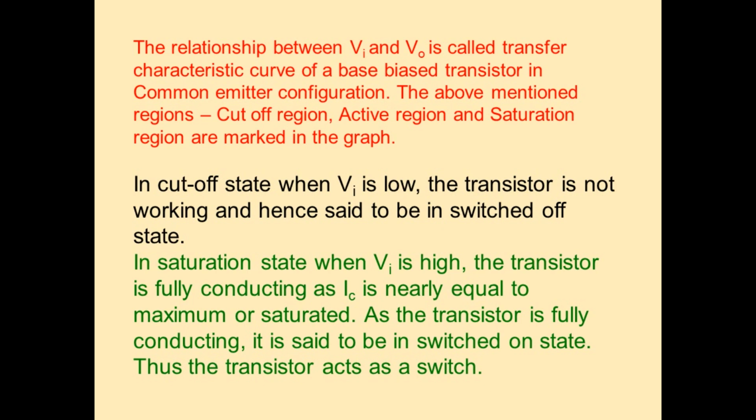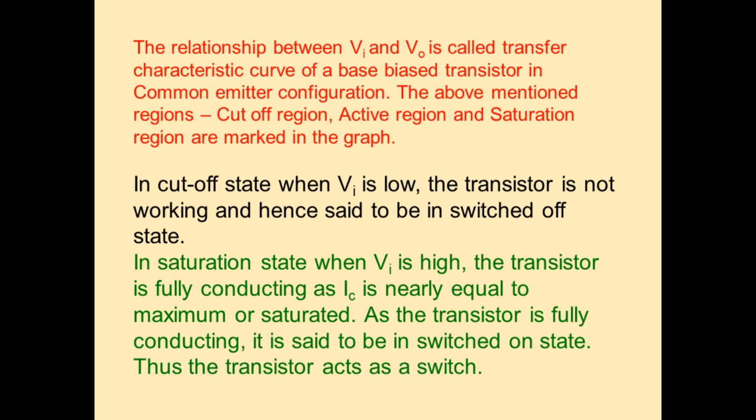In the graph, cutoff region, active region and saturation region are mentioned. When input voltage is less than 0.6 volt, the transistor is in cutoff region, when the input voltage is in between 0.6 volt and 1 volt, the transistor is in active region, and when input is greater than 1 volt, it is in saturation region.